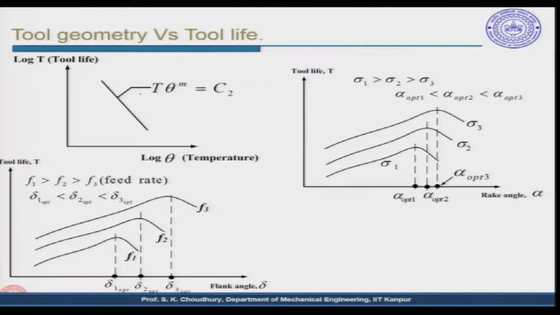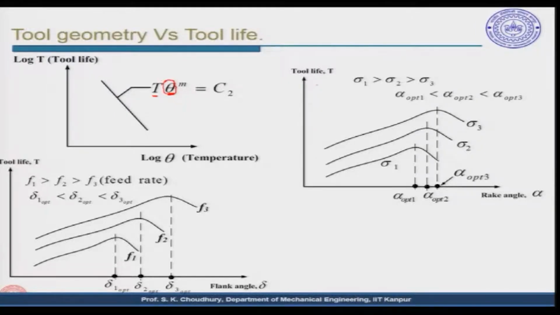So, what is shown here is the relationship of the cutting temperature theta with the tool life, combining the effect of the cutting speed, feed and depth of cut, because in terms of temperature all these three will enhance the temperature if they are increased.